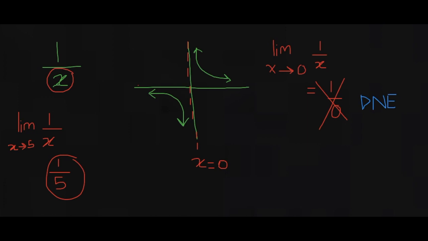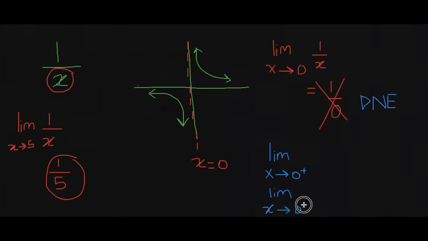So what we just went through were two-sided limits, the limit as x approaches 5, the limit as x approaches 0. Now we're going to talk about one-sided limits. This is another way to tell if your limit does or does not exist. We can check the limit as x is approaching 0 from the right-hand side of the function, and we can check the limit as x approaches 0 from the left-hand side of the function.